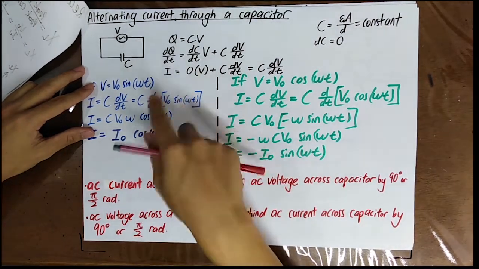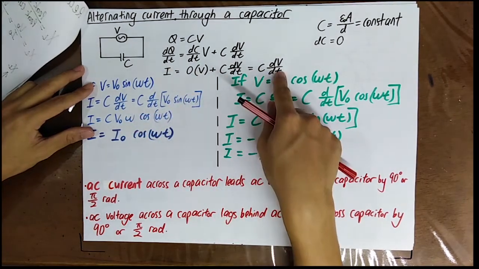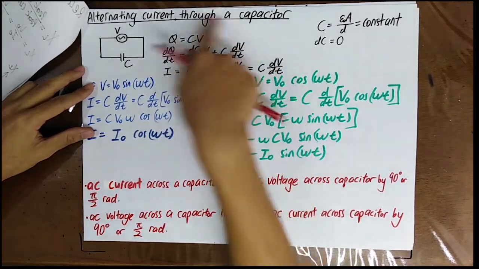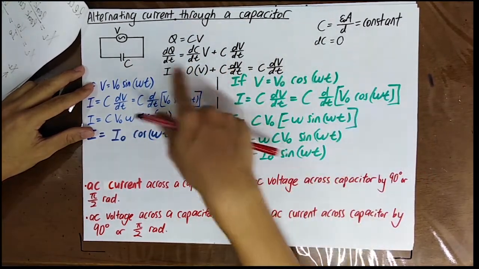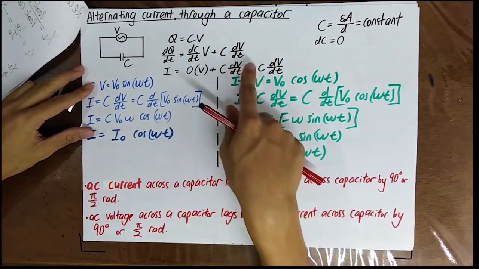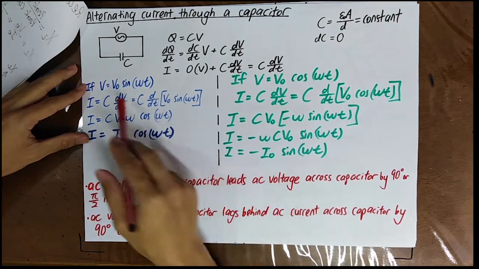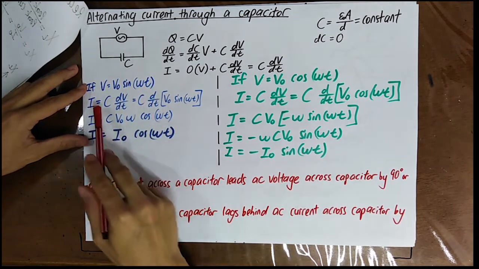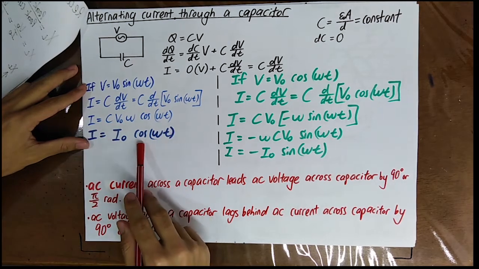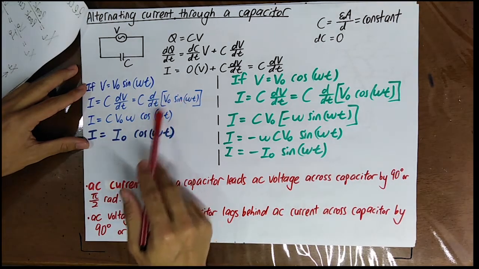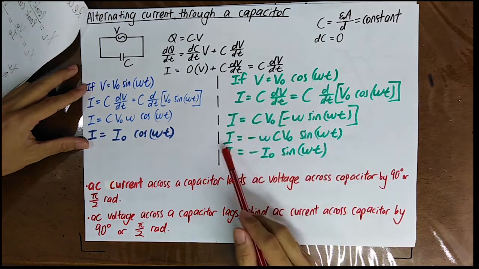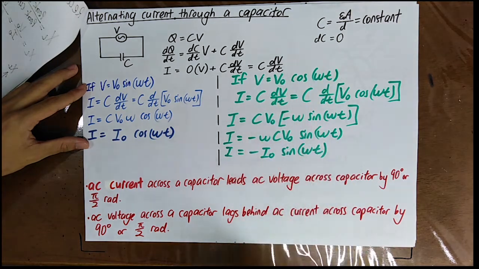Normally in school, you straight away learn I equal to C dV/dt. You already skip this part. But I really want to show you all these steps so that you can appreciate the simple formula like this. If you are given the voltage supply to be in this form, then the I will be like this. You do your differentiation. If V is in this form, then the I will be in this form.